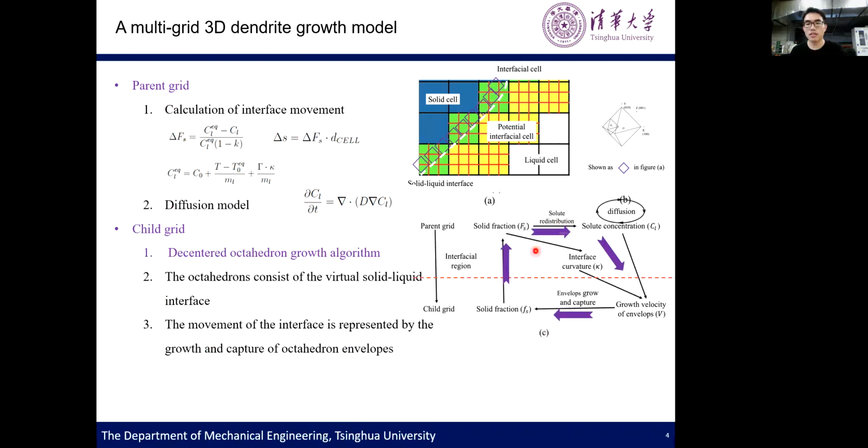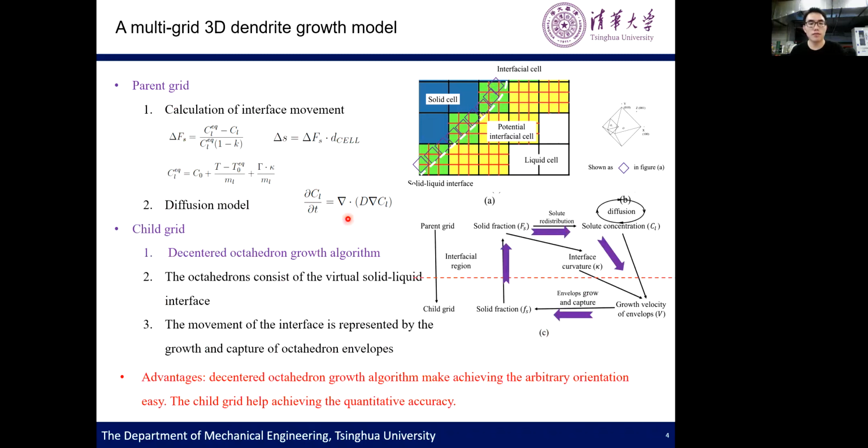By running this algorithm, we can simulate the dendrite growth process step by step. This model has two advantages. First, we use the decentered octahedron growth algorithm, which makes achieving arbitrary orientations very easy. And second, the child grid helps achieve quantitative accuracy.